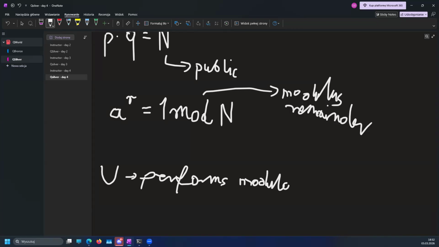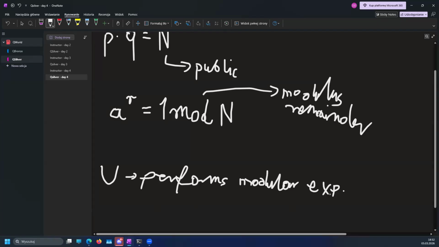Sometimes it's also called modular multiplication. Why exponentiation or multiplication? Because we are raising to even higher powers, yes? And then we are getting this mod operator.